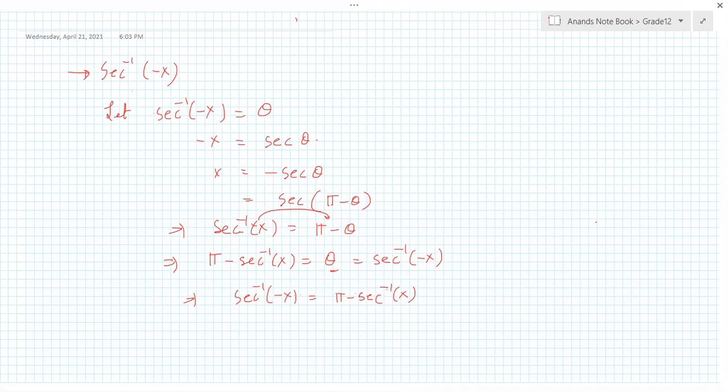In this case, secant inverse of minus x, here mod x has to be greater than or equal to 1. In the case of cos inverse of minus x, it was x belongs to -1 to 1. In this case, mod x is greater than or equal to 1.